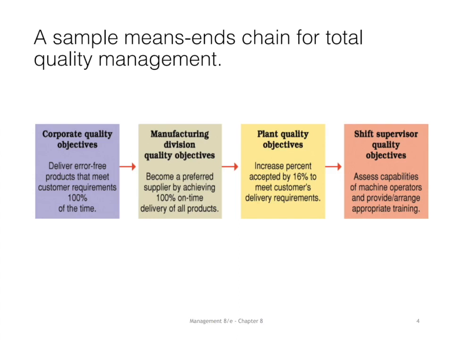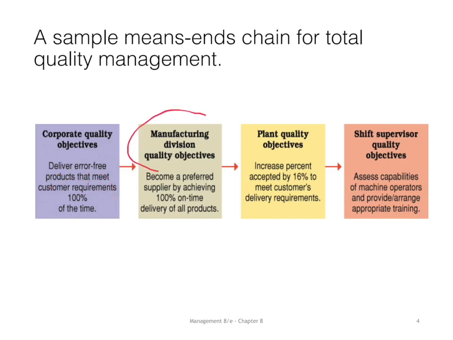Okay, that is a sample. Corporate quality has the objective to deliver error-free products, meaning deliver products meeting customer requirements 100% of the time. So that is the target of corporate.